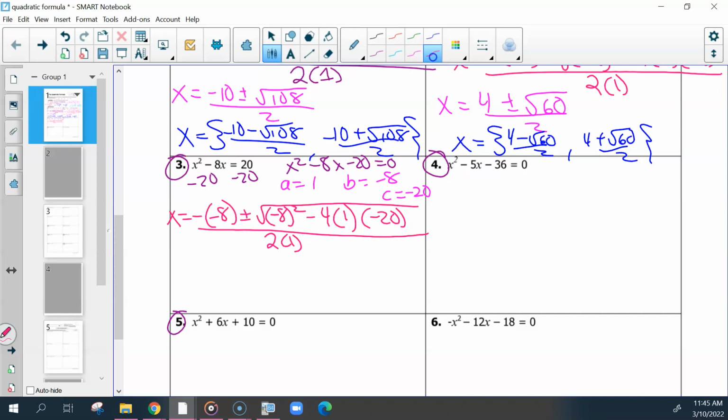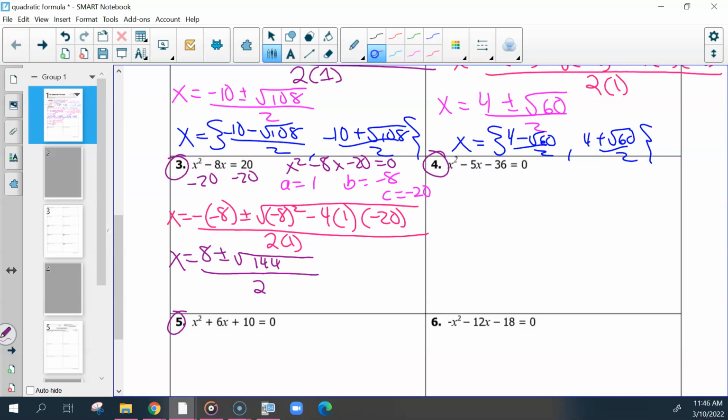Find your discriminant number. Is 144 a perfect square?